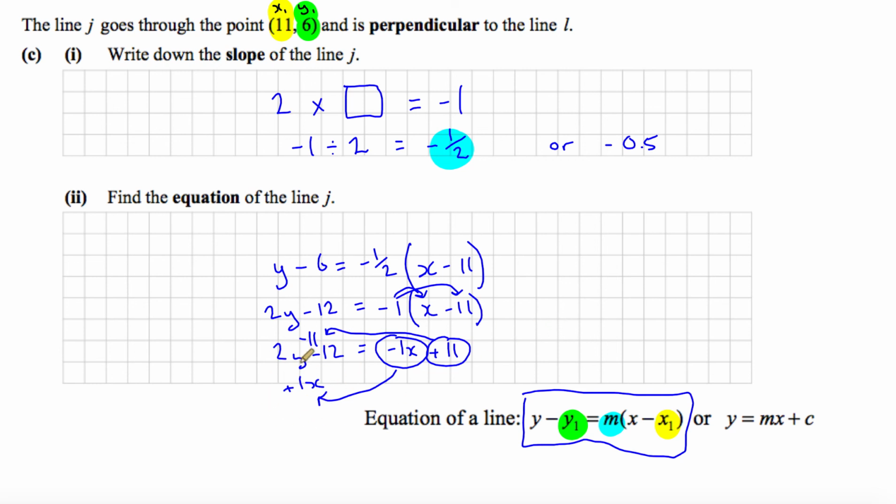So on the left hand side then I'm going to have my 2y, my positive 1x, and then I'm going to have minus 11 minus 12, which is minus 23, and that's going to be equal to 0 on the right hand side because everything got moved. So the equation of the line then is 2y + 1x - 23 = 0. And that's the end of question 6.